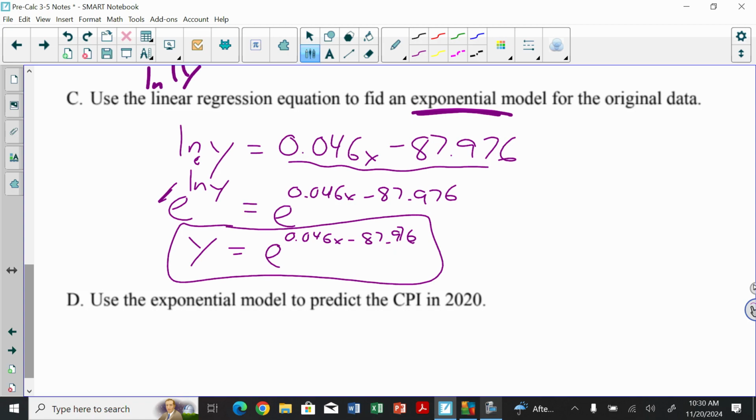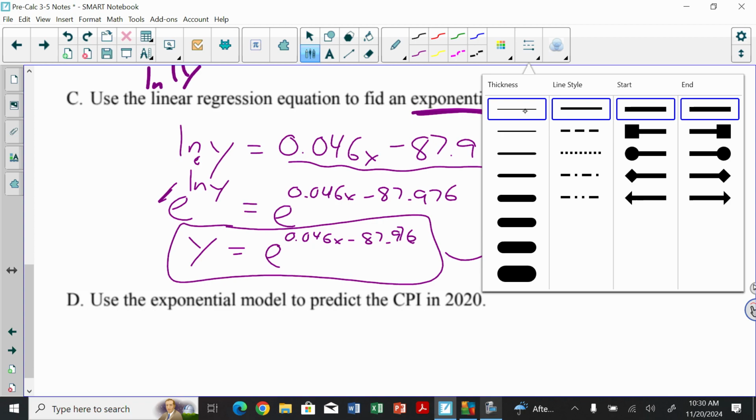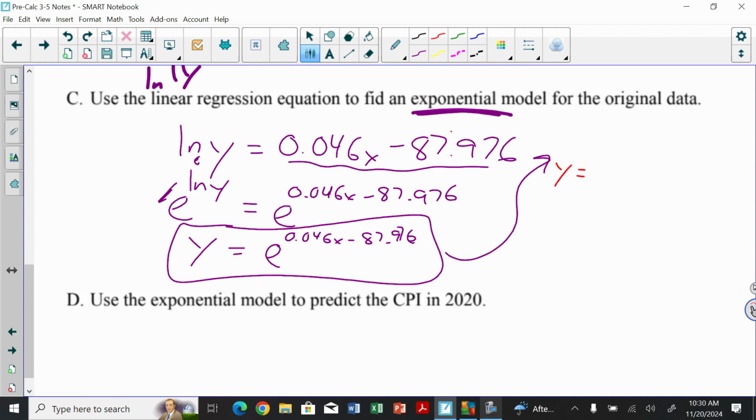Okay, that is probably going to be good enough, but you can take it one step further. I can do the product property and keep going with this if I wanted to and say, I'll just do it in red here, y equals, using the product property, e to the 0.046x times e to the negative 87.976 power.